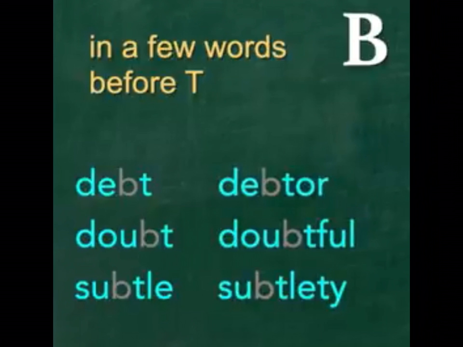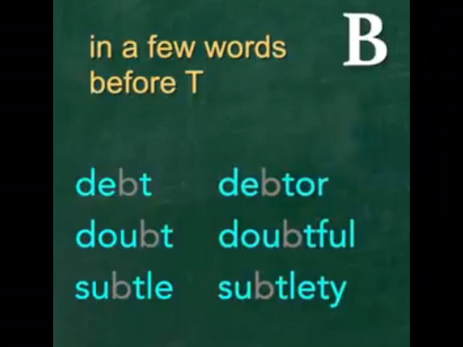Here we have a few words with B before T. So MB is not at the end of a word. The vast majority of the time we pronounce the B. There are a few words in which the B is silent before the T. Okay, so here we have words and the T comes after the B. And these are silent.